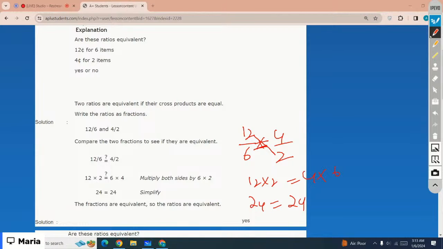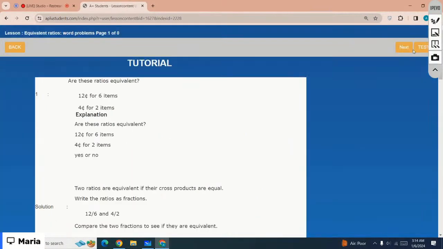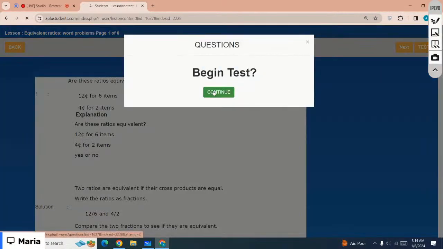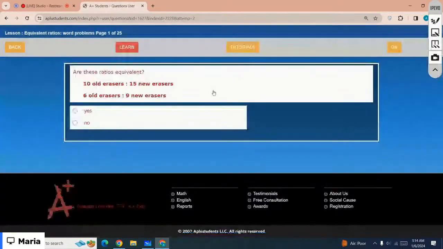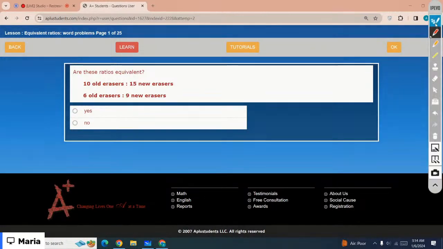Okay, let's just start with the test questions. Are these ratios equivalent? 10 old razors to 15 new razors, and the other one is 6 old razors to 9 new razors.